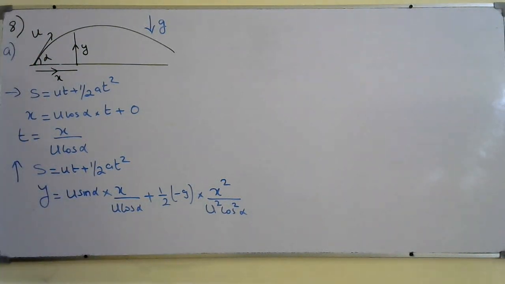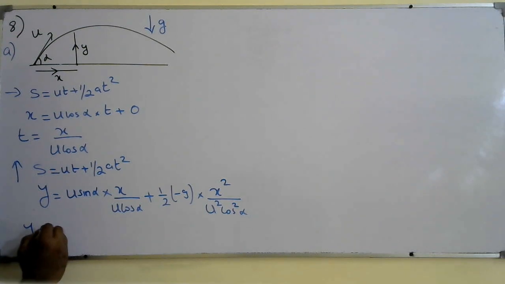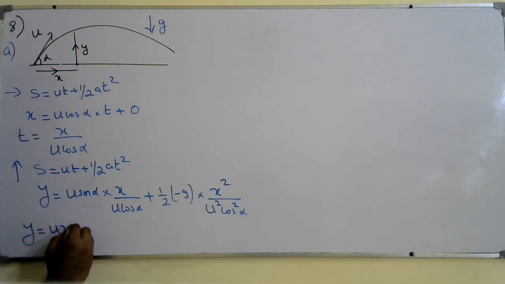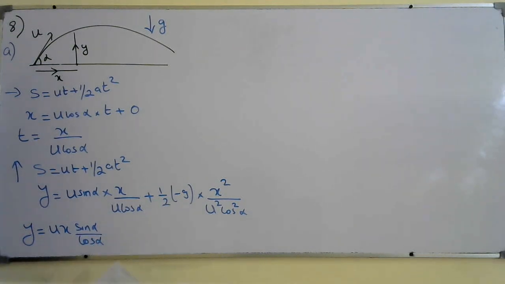Now the only thing I need is to rearrange it. So when I write it again, y is going to be u x sine alpha over cos alpha. Sorry, this u and this u will get cancelled.